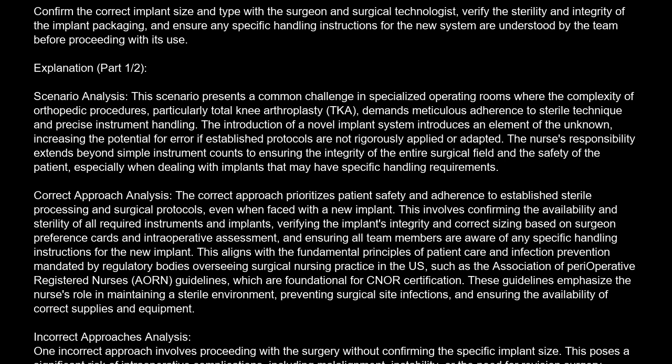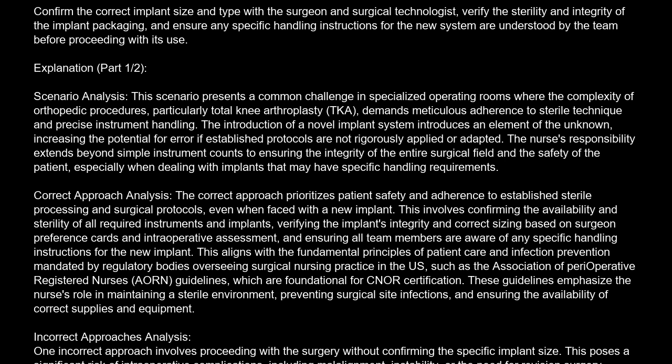This aligns with the fundamental principles of patient care and infection prevention mandated by regulatory bodies overseeing surgical nursing practice in the U.S., such as the Association of Perioperative Registered Nurses, AORN guidelines, which are foundational for CNOR certification. These guidelines emphasize the nurse's role in maintaining a sterile environment, preventing surgical site infections, and ensuring the availability of correct supplies and equipment.